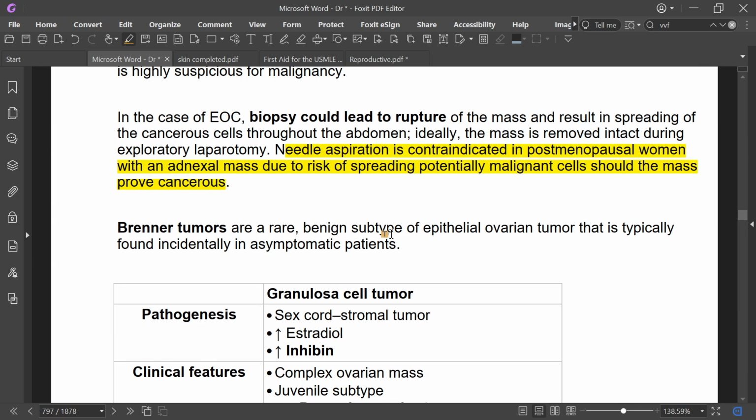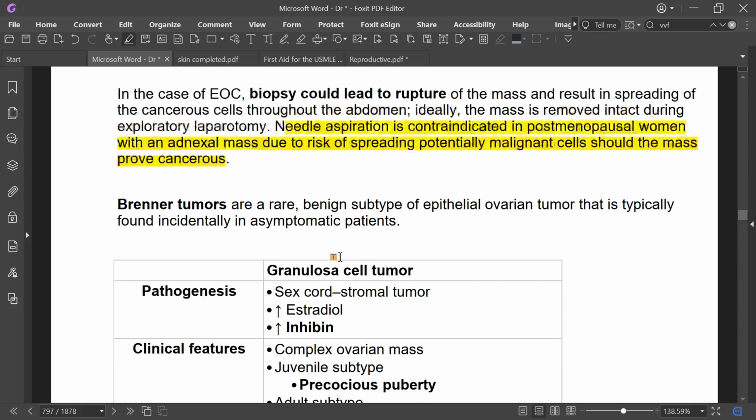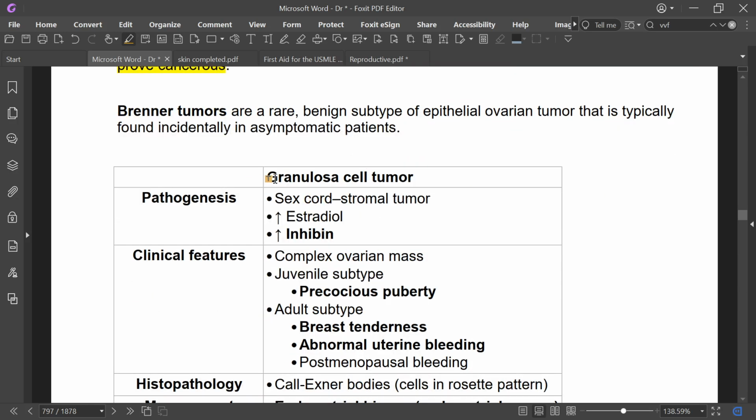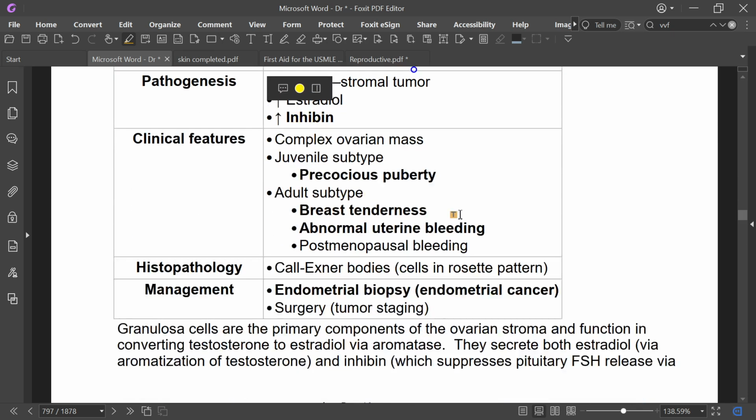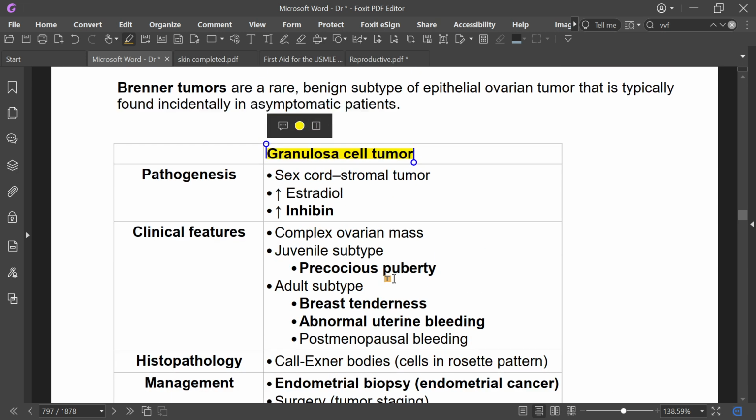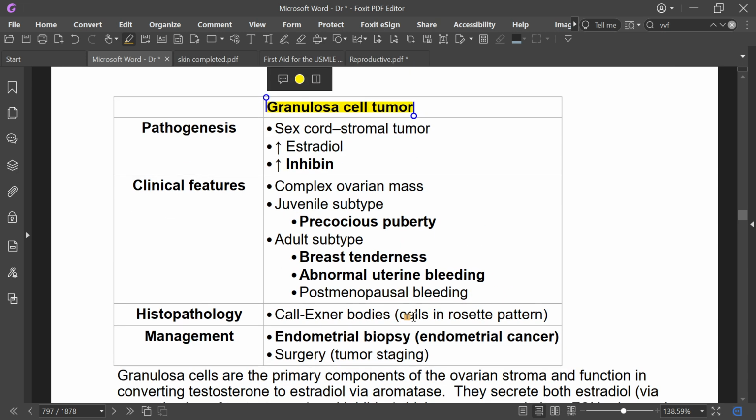Brenner tumors are a rare, benign subtype of epithelial ovarian tumor, typically found incidentally in asymptomatic patients. Then granulosa cell tumor. In granulosa cell tumor, histologically Call-Exner bodies are found.